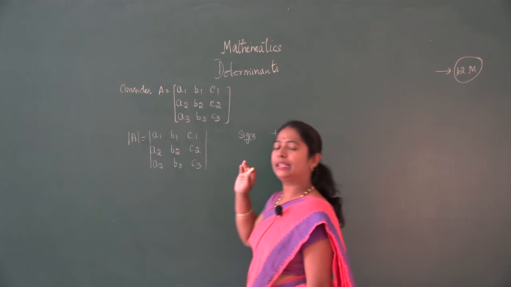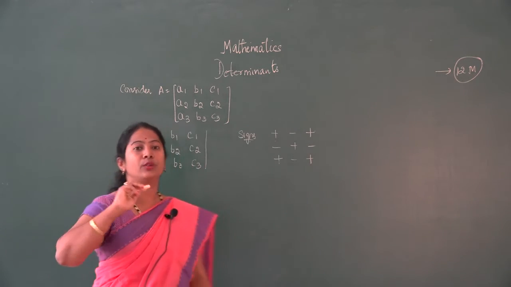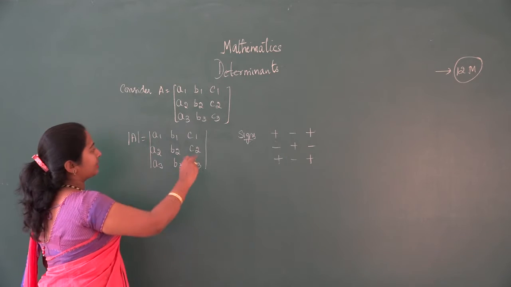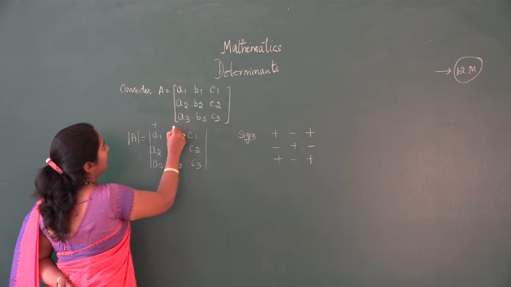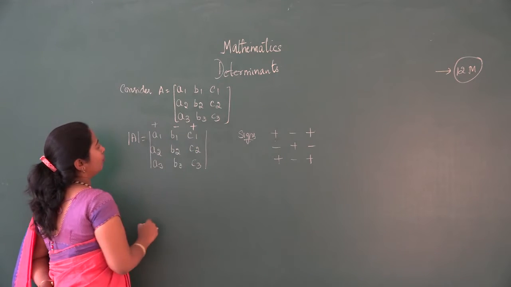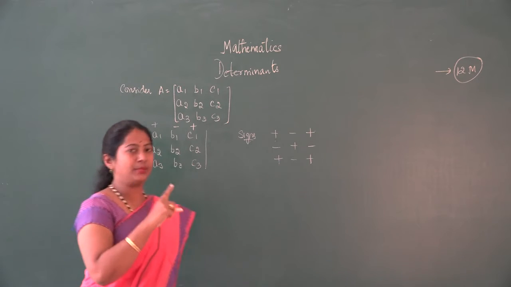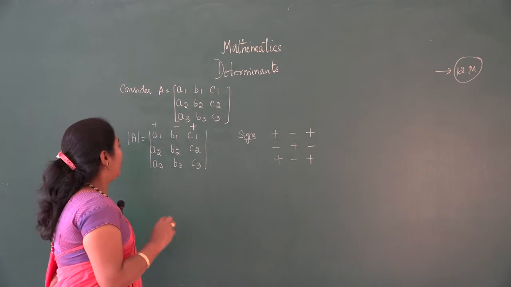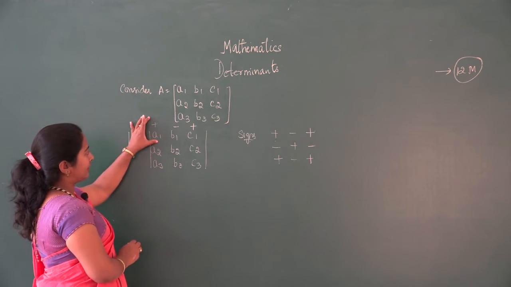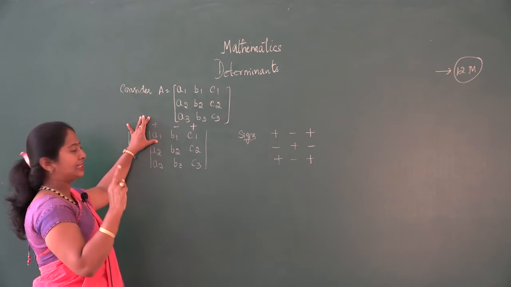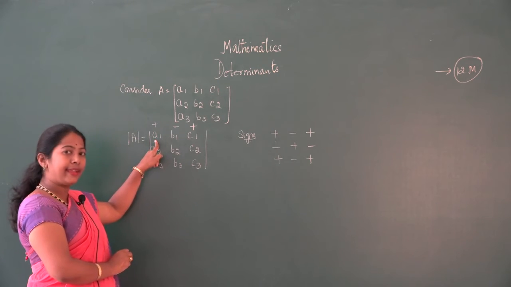So how do we calculate the value of the determinant A for a 3 cross 3 matrix? What are the signs associated? Plus, minus and plus. So we will consider the first row, that is plus, minus and plus. We are considering the first element, A1.